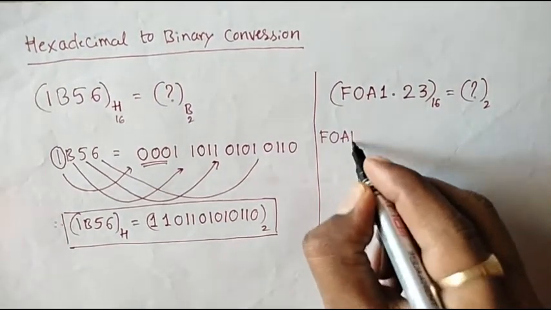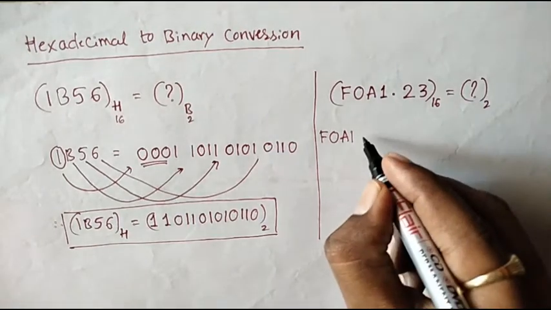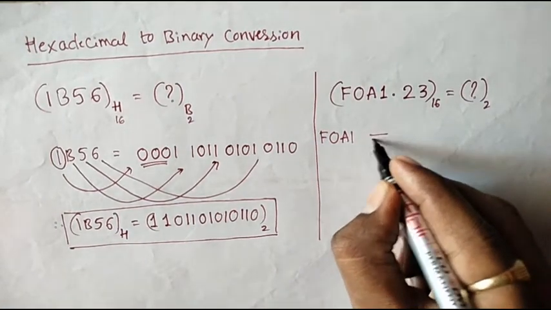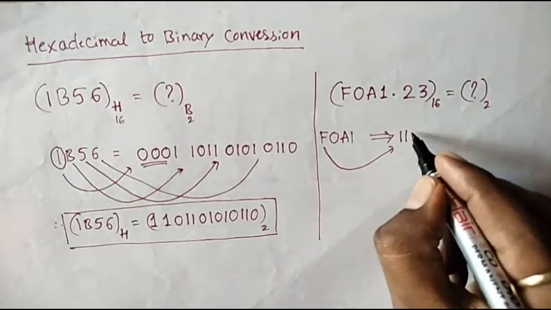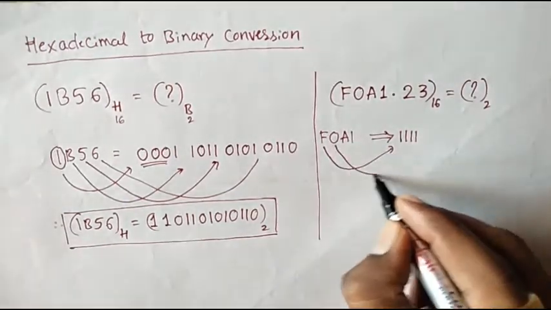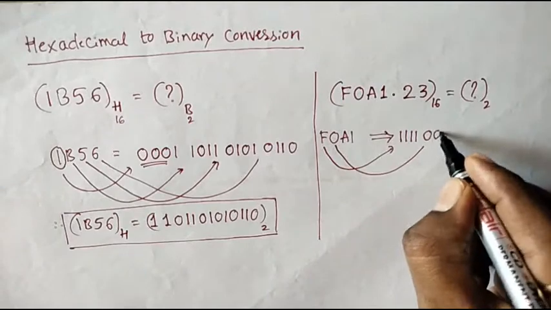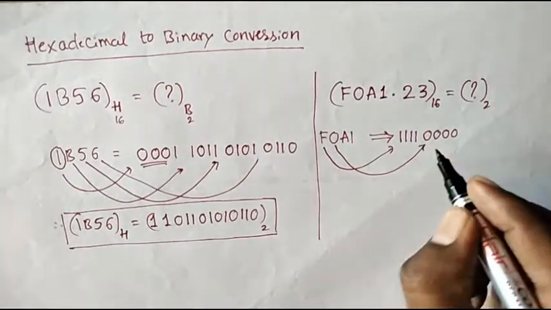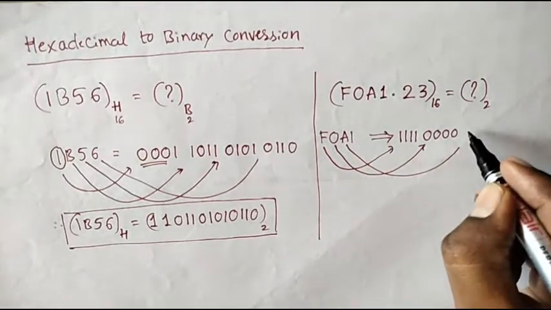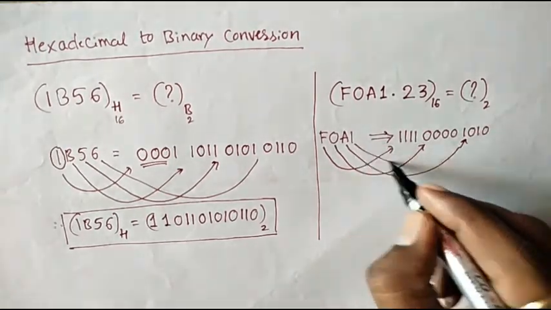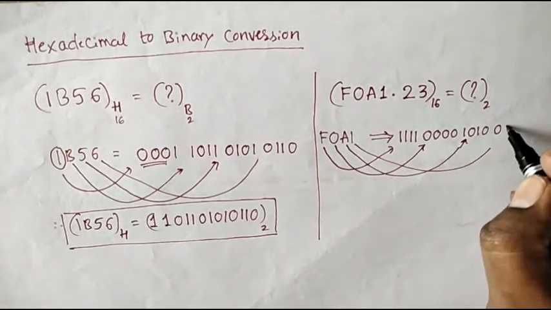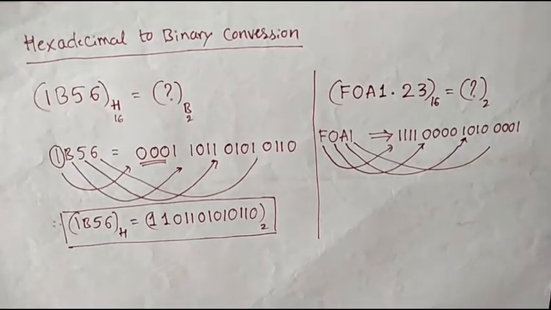F0A1 in binary: F can be represented as 1111, 0 as 0000, A as 1010, and 1 can be represented as 0001.